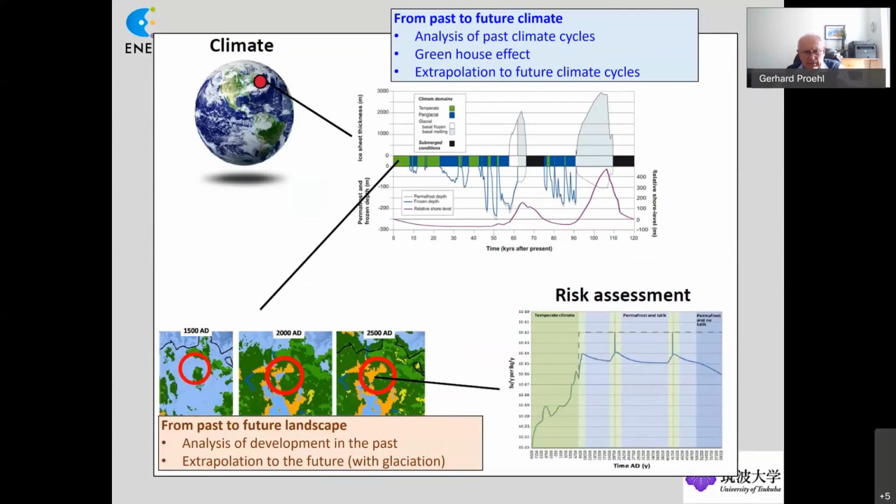On the bottom, you see the development of the landscape, and this is linked to the development of the climate in the next 120,000 years, and then this comes up to a risk assessment. And I mean, this is all indicative, and this figure in the right lower corner gives you the sievert per year, per becquerel per year released. The first phase is temperate climate, etc.